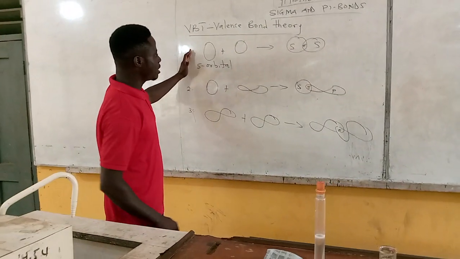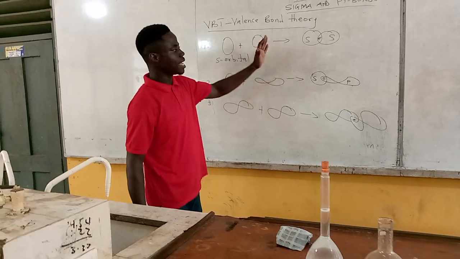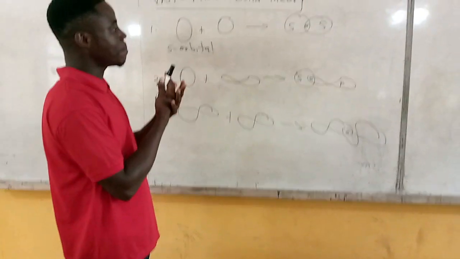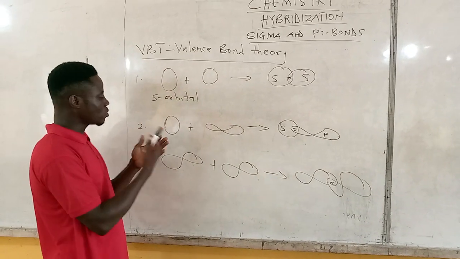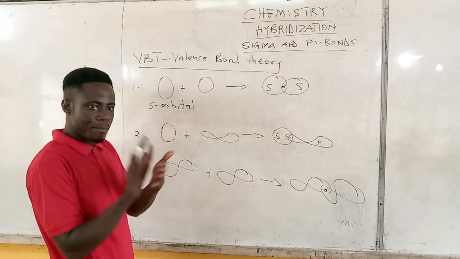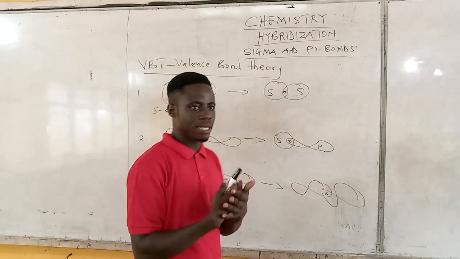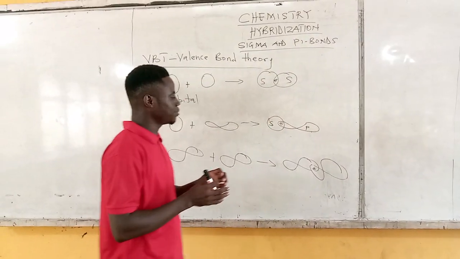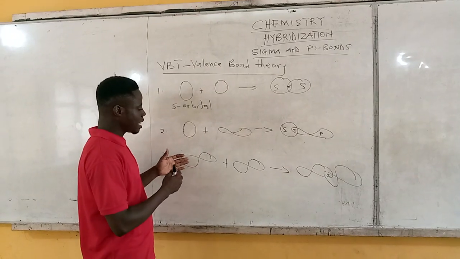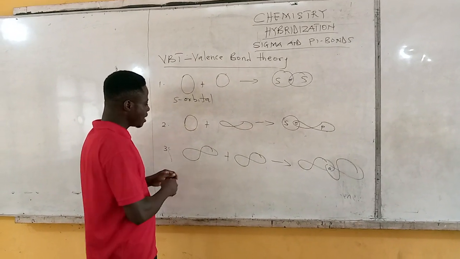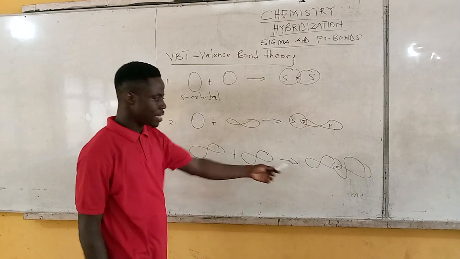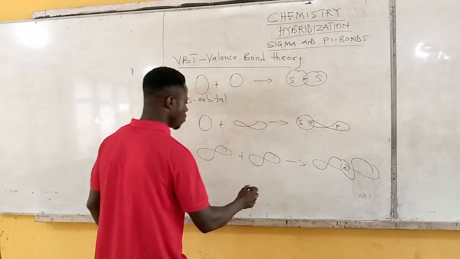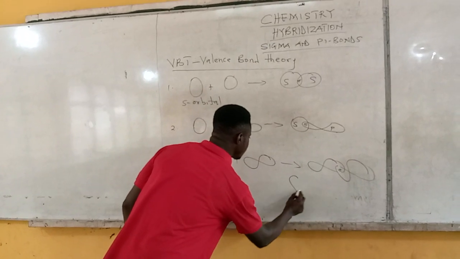The first was formed as a result of ss orbitals forming a head-on overlap. This is formed as a result of an s orbital mixing with a p orbital to form a sigma bond. And they are formed as a result of the head-on overlaps. Now, in this case, it has been formed as a result of mixing a p orbital with another p orbital. Either it will be like this to form a head-on overlap, or they can still be formed like this.